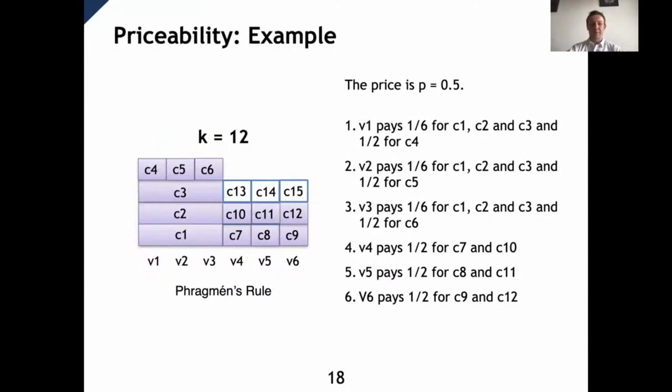Similarly, voter v2 can pay 1/6 of the dollar for c1, c2, and c3, and half of the dollar for c5, and so on and so forth. And we can see that indeed, each of the voters will spend at most, actually here, exactly $1, and each elected candidate will get the total payment of half of the dollar.